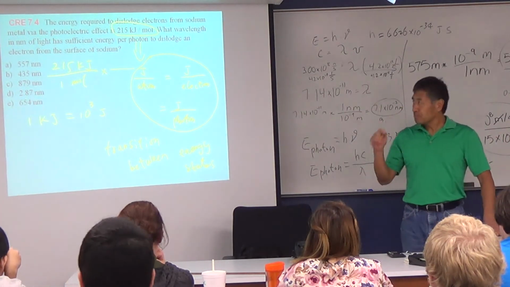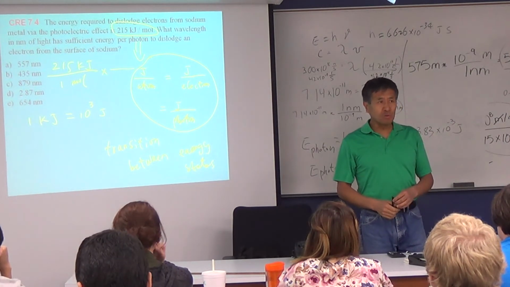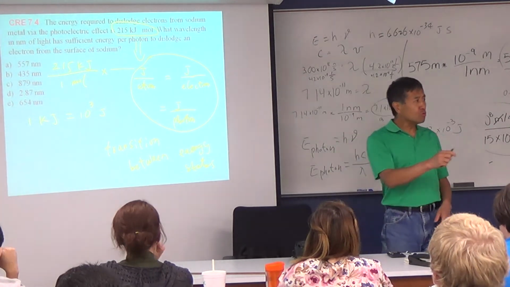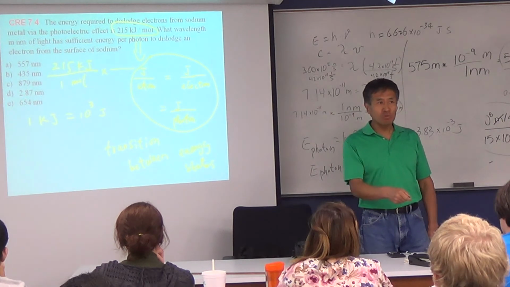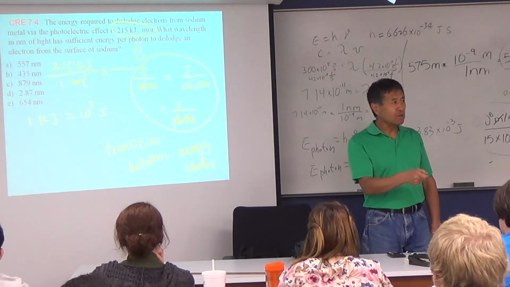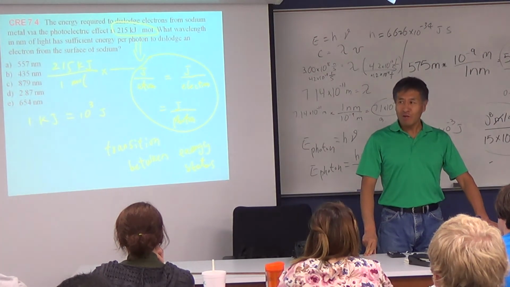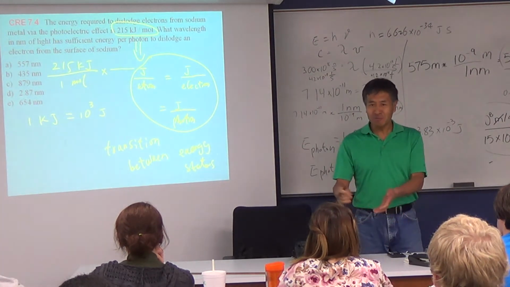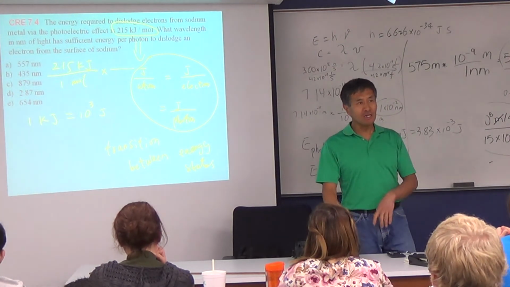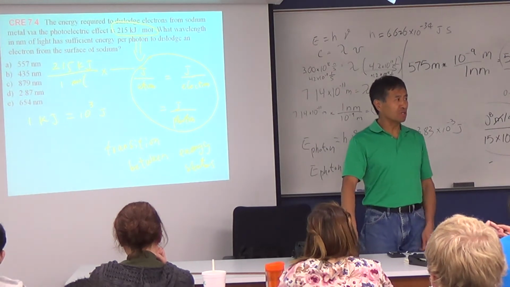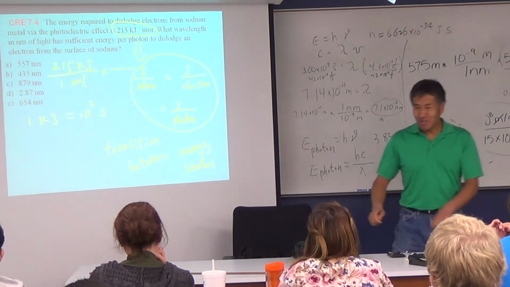Now you also know the process to dislodge or remove 1 electron from 1 atom: the electron's energy has to match the light energy. What is light energy? Light energy comes in small packets. It's not matching the total energy; if you read the chapters, it's matching that the frequency is right. So that's what I'm talking about here.